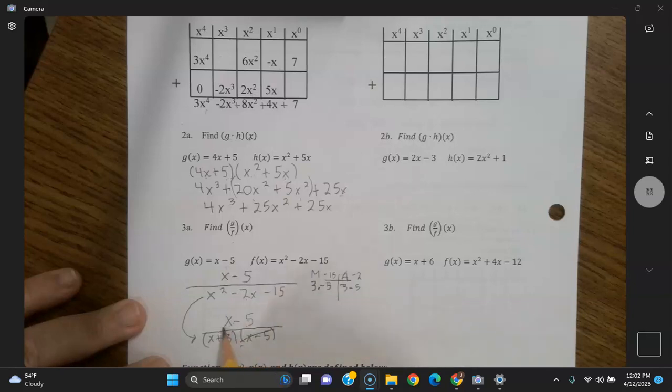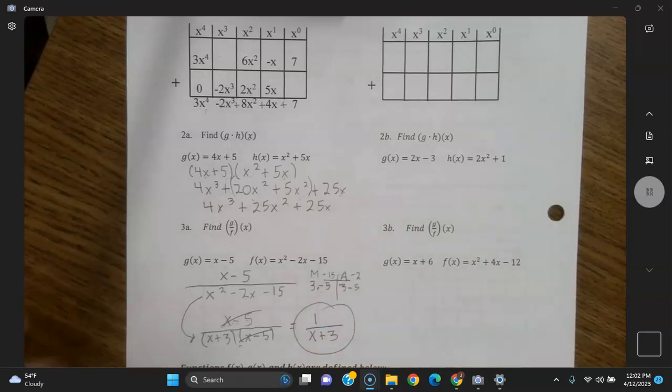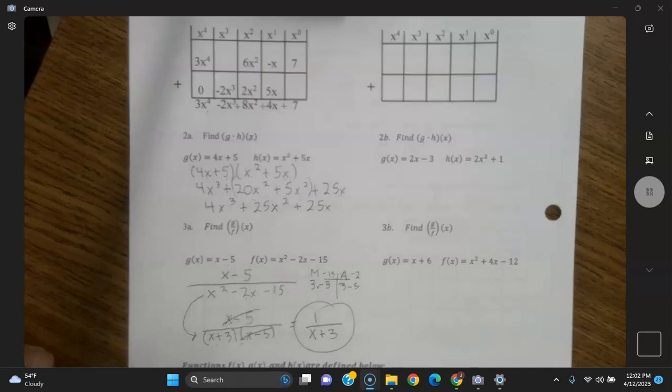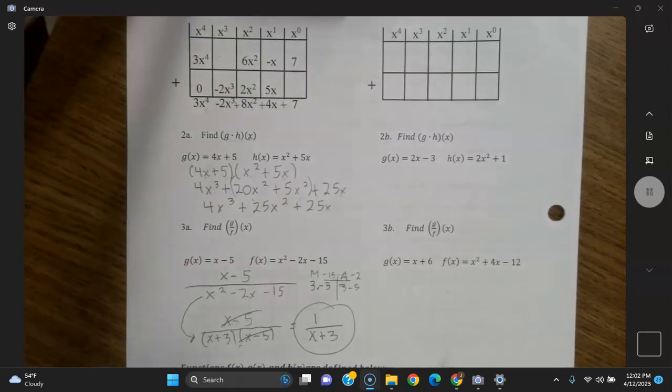You can cancel those. And so your final answer is simply 1 over, whenever you cancel something, there's nothing left. It's not a 0, it's a 1. There's a 1 there on top. And you still have the x plus 3 on the bottom. And that's your final answer right there. Okay, so you go ahead and you do this one over here on your own.